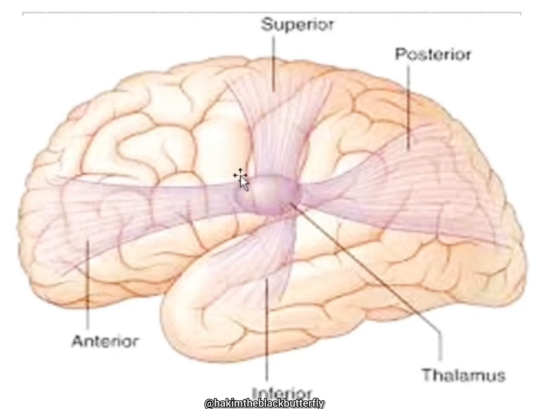So information from the thalamus going to the frontal lobe, for example motor, from the specific motor nuclei, because this is where we have the motor areas. Information passing through axons, moving from the thalamus to the frontal lobe and back. This information passes through axons which form a bundle, and this bundle is known as the anterior or frontal thalamic peduncle.